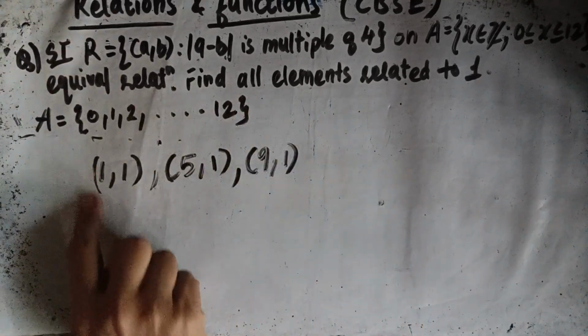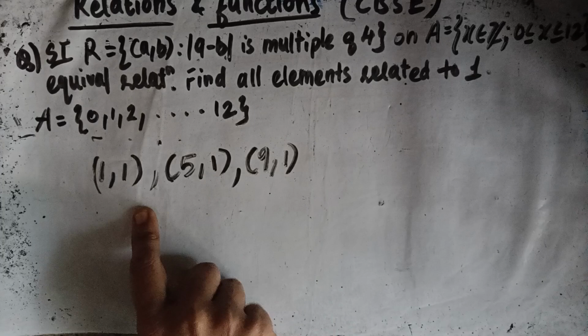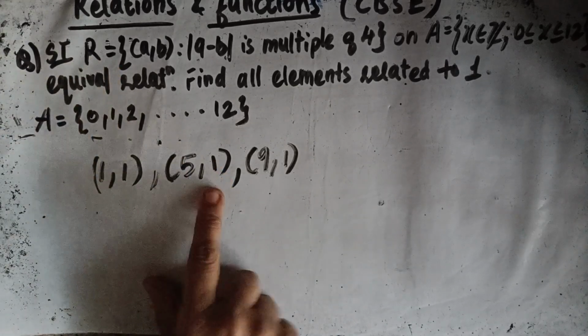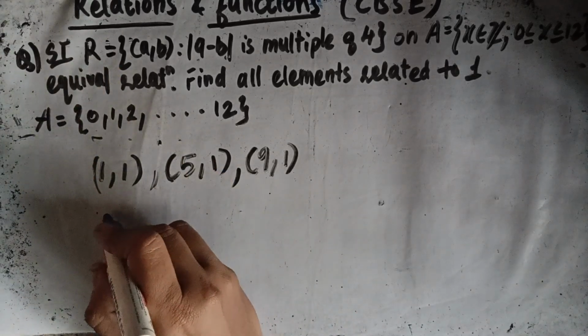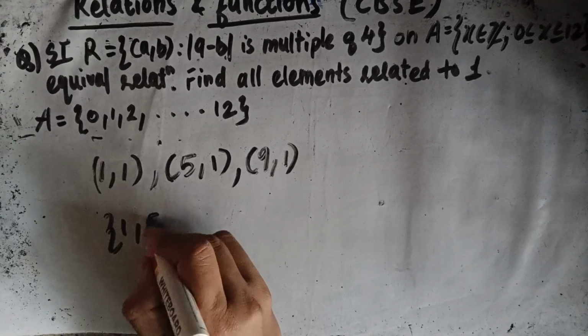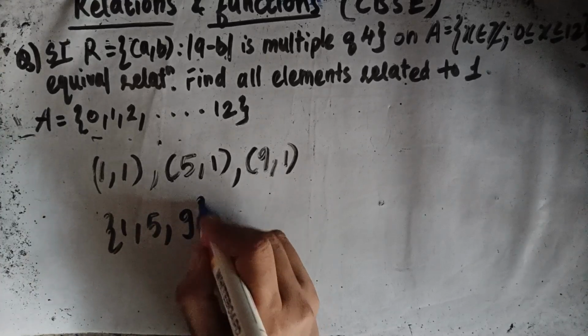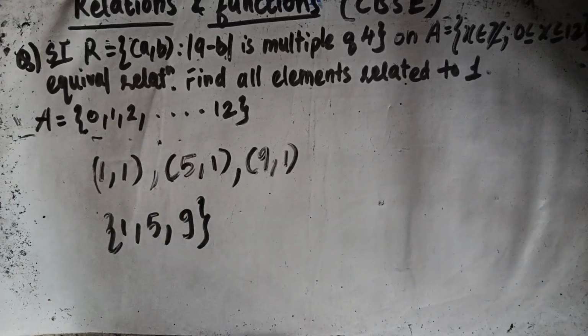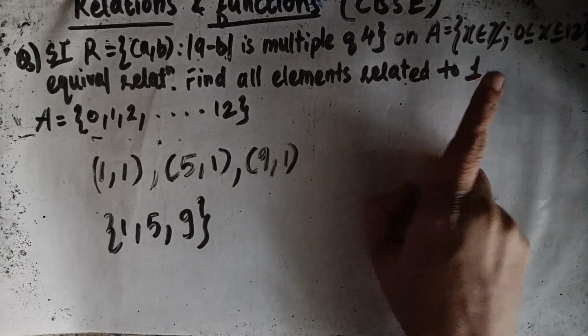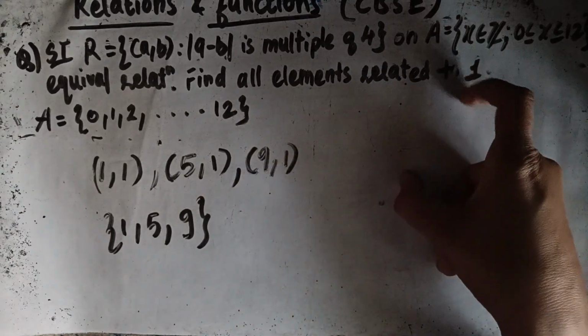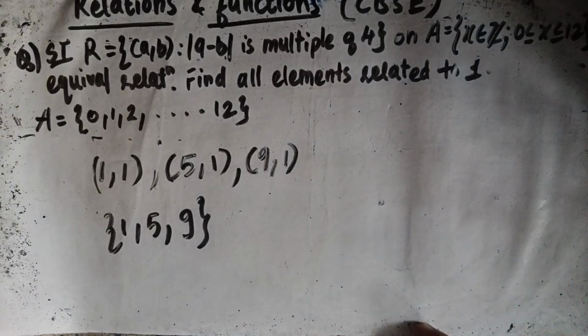So these are the elements in the relation set which are related to 1. So we have the set {1, 5, 9}. These are the elements which are related to 1. Keep in mind, related means this element is from your codomain set.